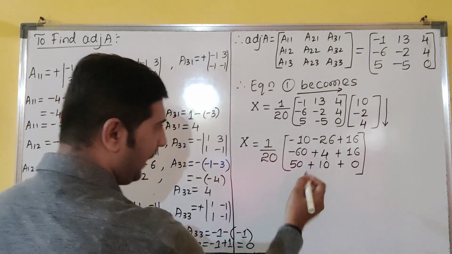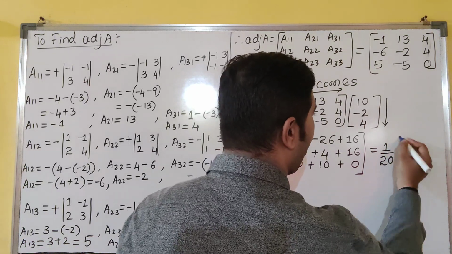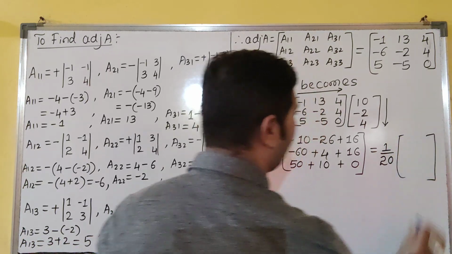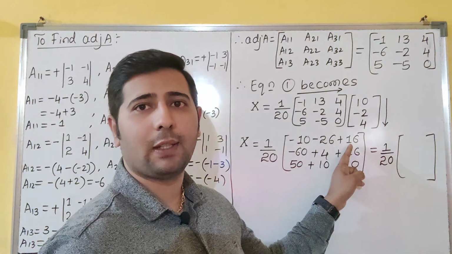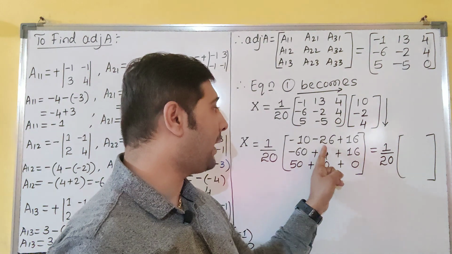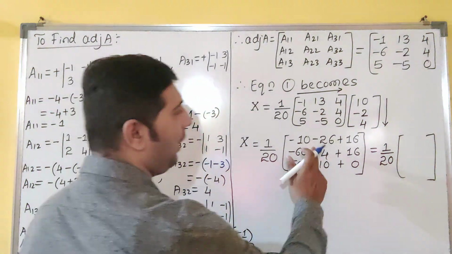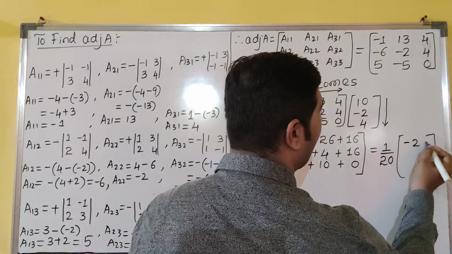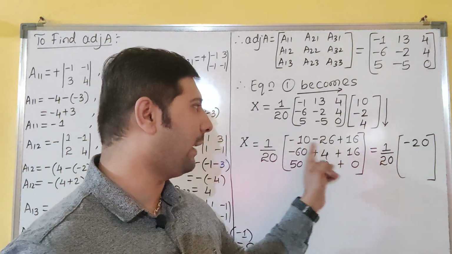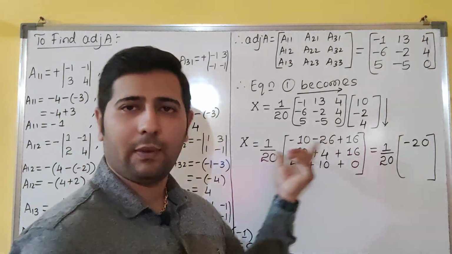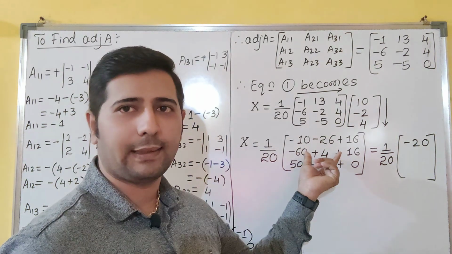So now you simplify this, how much you will get? You see 1 by 20 and now see how much we will get. Minus 26 plus 16 is how much? Minus 10 you will get. Minus 10 minus 10 how much it is? Minus 20 you will get. I hope it is clear. See, otherwise we will do direct also like this only. Minus 10 minus 26 is minus 36.